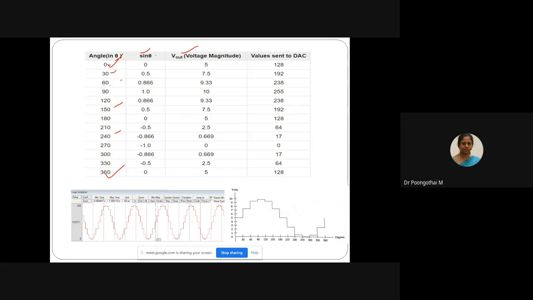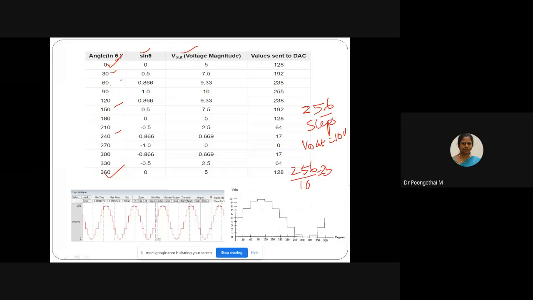Actually, there are 256 steps, maximum value 256, and the full scale output voltage is 10 volts. So divide 256 by 10, that is 25.6 steps per volt. Here the output voltage is 5, so you multiply this value with 25.6.